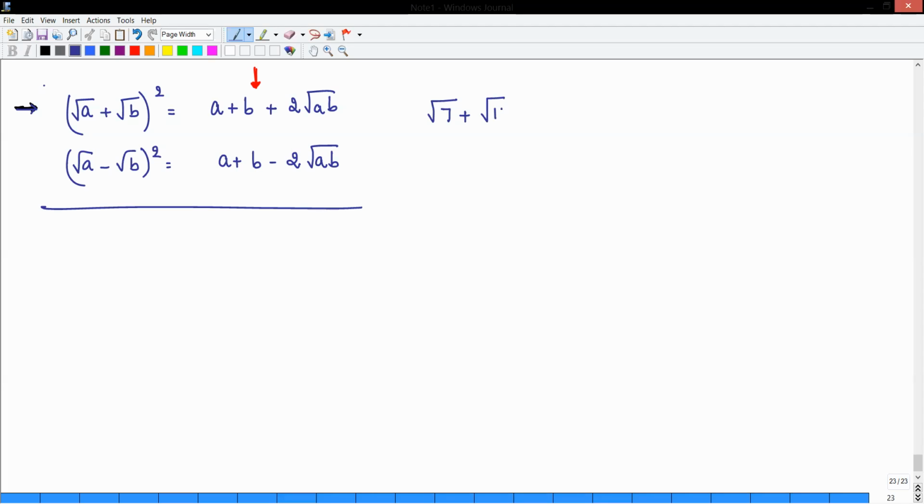Root of 7 plus root of 11, whole square will become 7 plus 11, first the integer value, plus 2 root of 7 into 11, 77. Here it should always be the sum. Under root it should always be the product, and it must be 2 here.